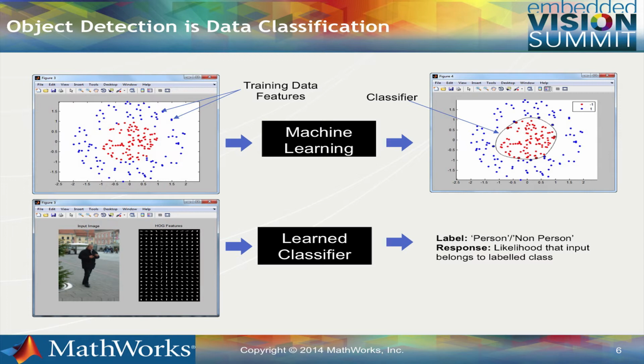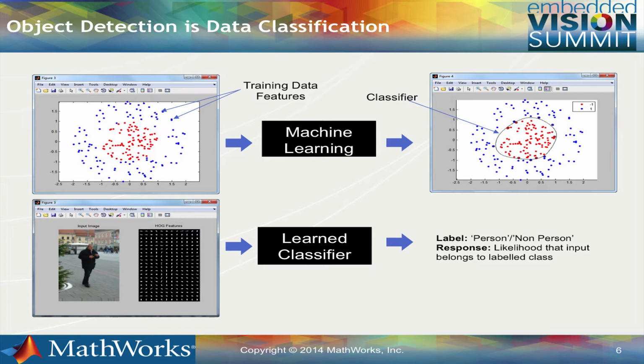So object detection at its very core is just simply a data classification problem. It's a 2-class data classification problem. So for example, if you had this distribution of data and the object were the points in red and the blue was the environment, you want to classify whether any input point is a red point or a blue point.